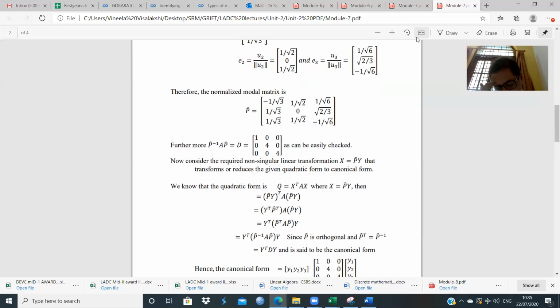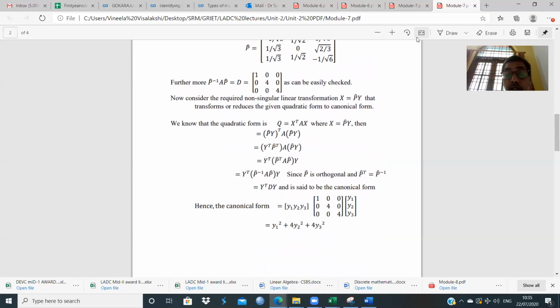Remember, P inverse is equal to P transpose for orthogonal matrices. And we already know that P transpose AP or P inverse AP is a diagonal matrix. Therefore, X transpose AX is getting transformed into Y transpose DY. And it is this Y transpose DY which will give us a quadratic form without the cross product terms.